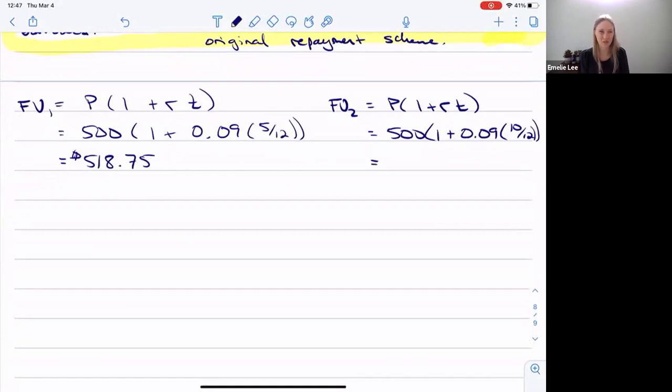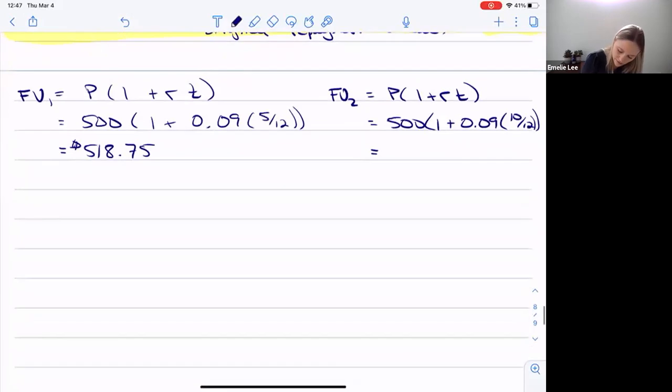Hopefully it's just 2 decimal places again. 0.09 times 10 divided by 12 plus 1 times 500. It is $537.50.